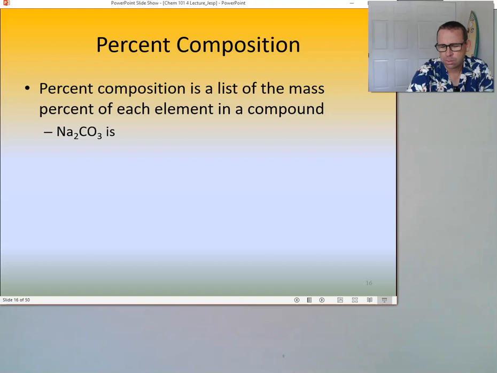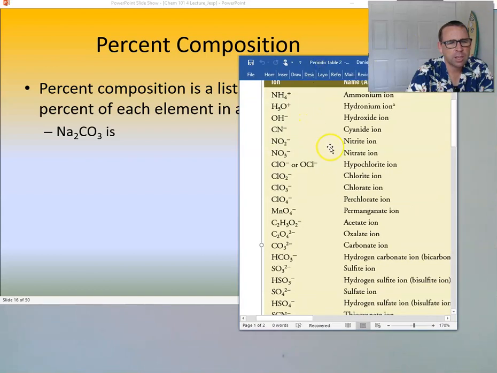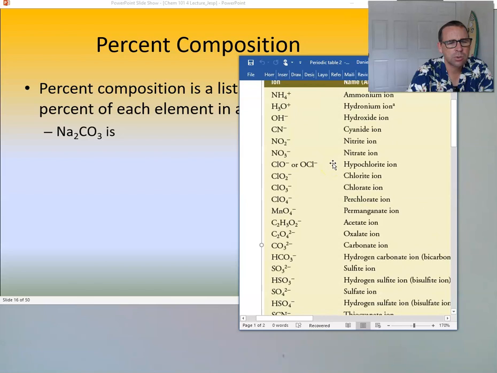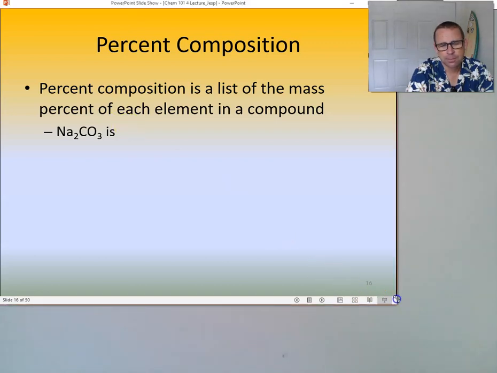Oh, carbonate. Very good. Sodium carbonate. We get out our list of polyatomic ions and we find the carbonate ion on there. Where is it at? There it is. Carbonate. Very good. Sodium carbonate. All right, so we can ask questions like, what percent of the sodium carbonate is made of sodium?